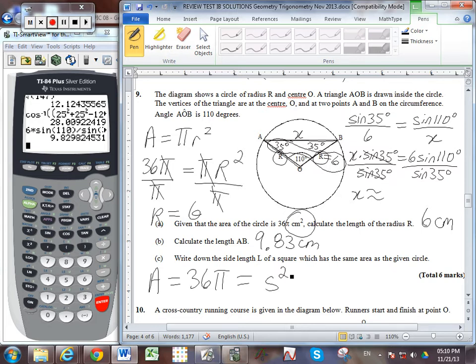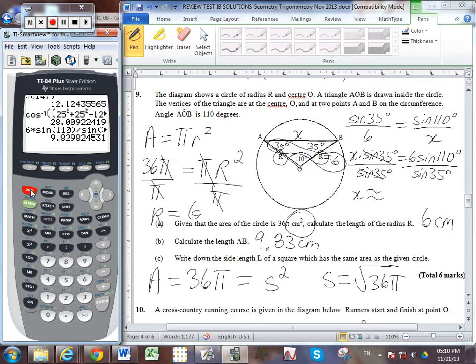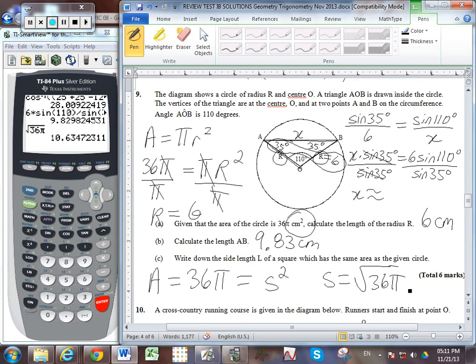So then we simply should have to take the square root of 36 pi in order to find the length of the side. So the square root of 36 pi. Oops, didn't need that bracket. Let's delete it, and we're done. And we get a length of 10.6 if we round to 3 significant figures. So that's 10.6, and of course centimeters because it is a side length.